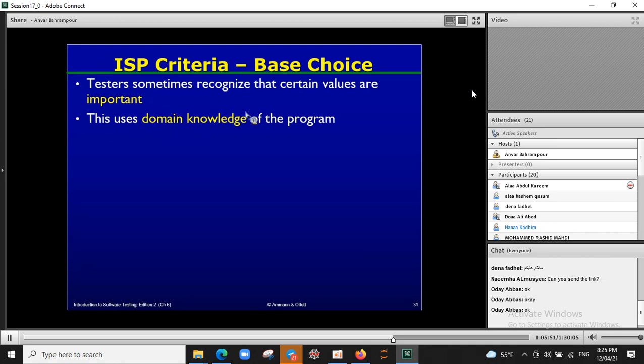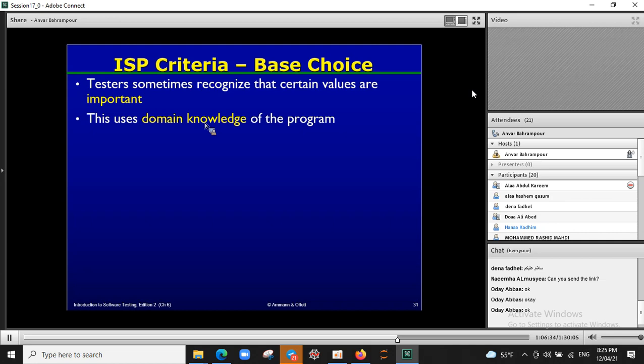Testers sometimes recognize that certain values are important in a specific program by using domain knowledge. When we consult with a domain expert, we can recognize that some values have more importance. So we should test those important values in our testing process.